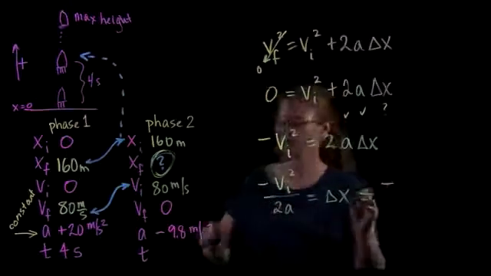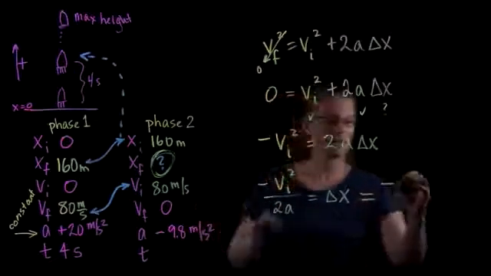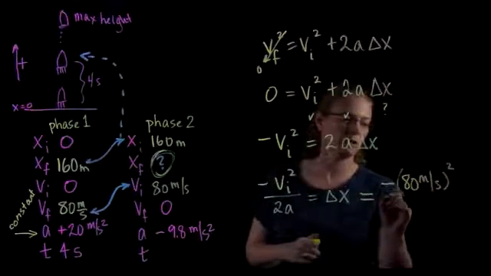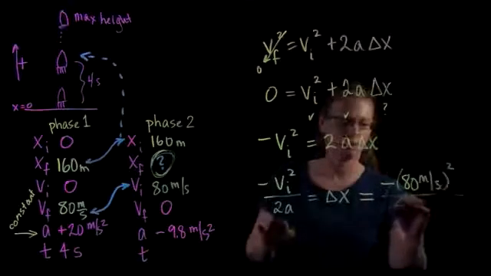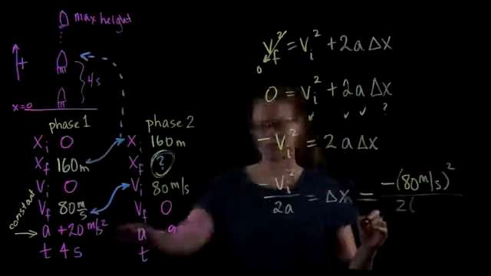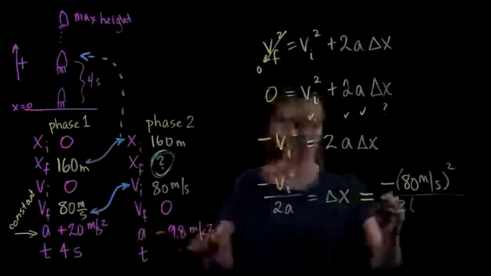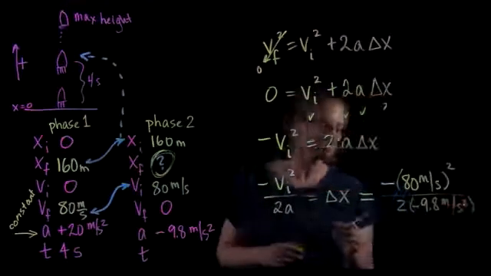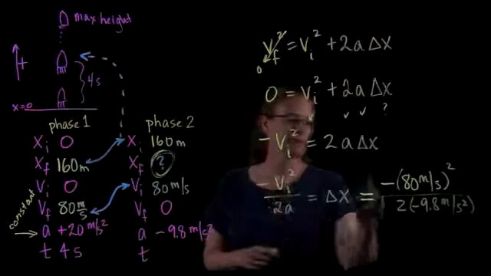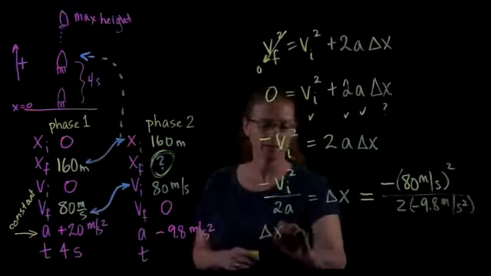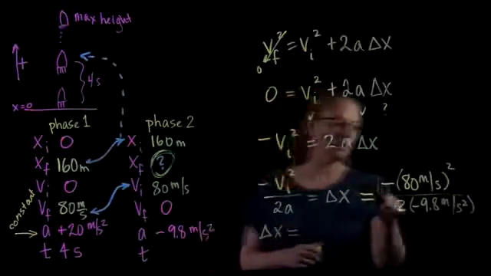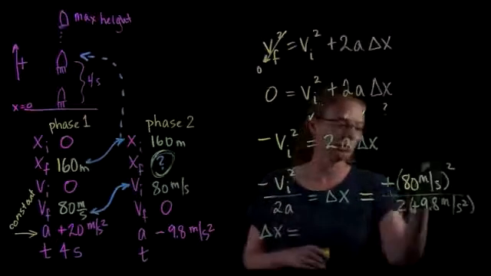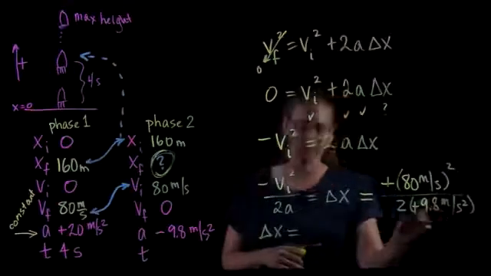I've got a negative. V initial is 80 squared, negative 80 meters per second squared over 2 times my acceleration. Now it's not 20. Remember to use the correct acceleration. Negative 9.8 meters per second squared. Haha, negative, negative. They cancel. So my delta x is going to be 80 squared over 2 times 9.8.